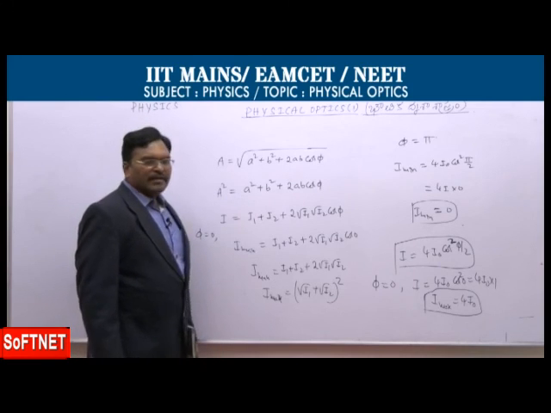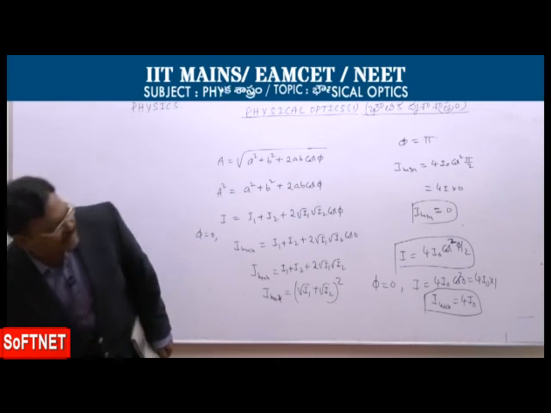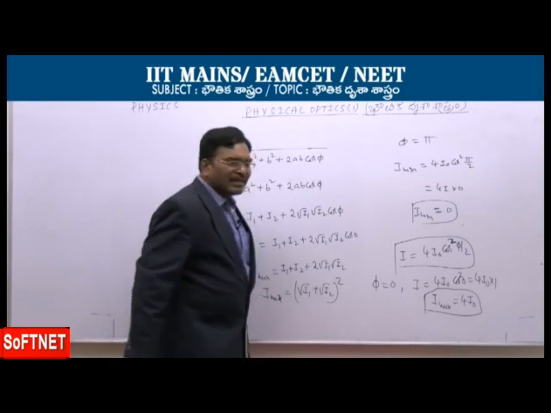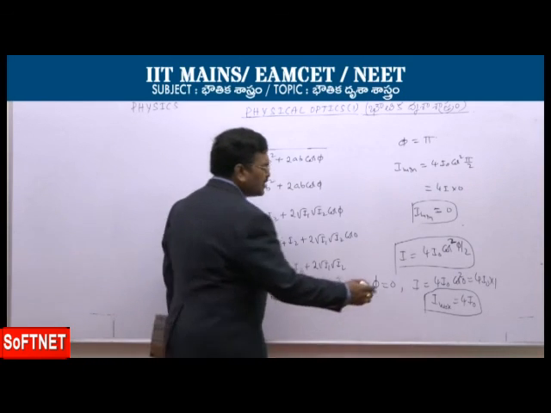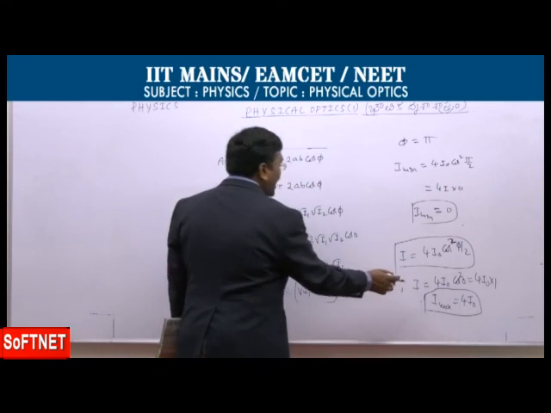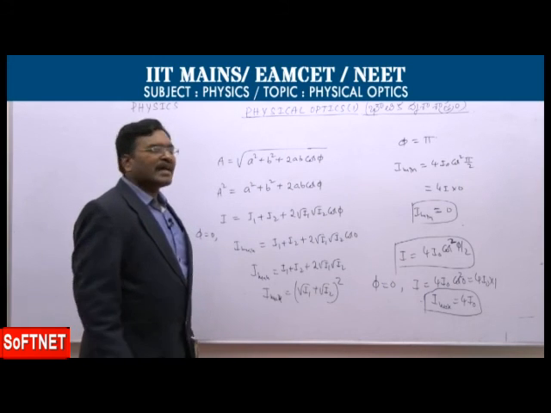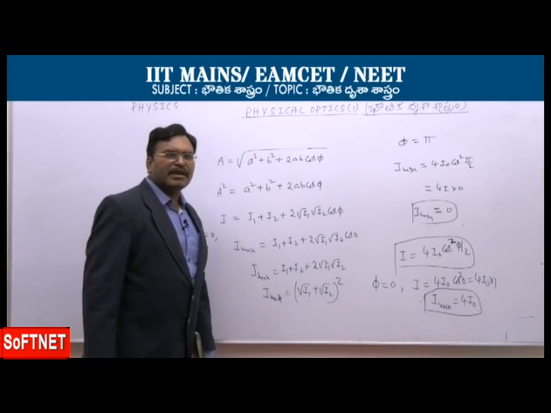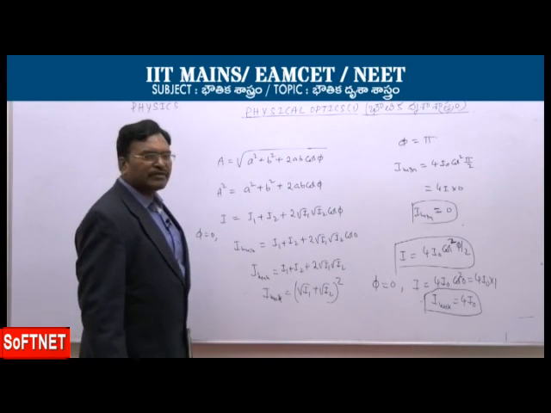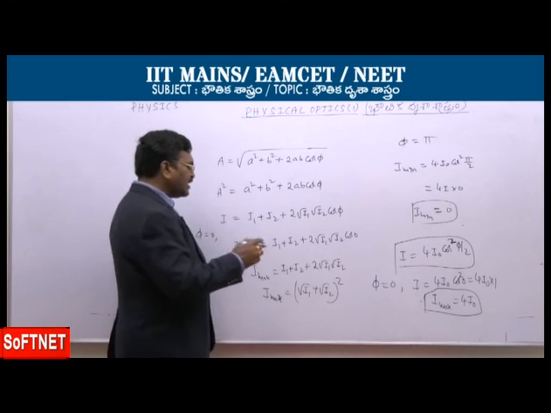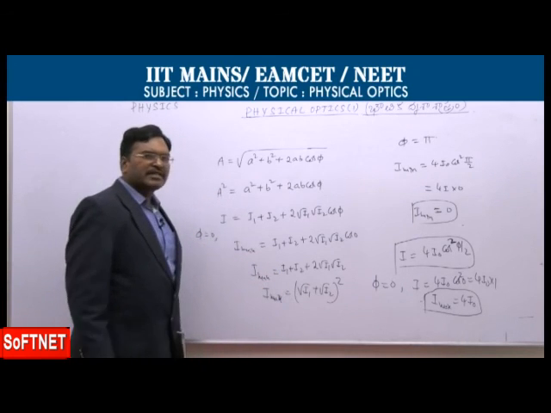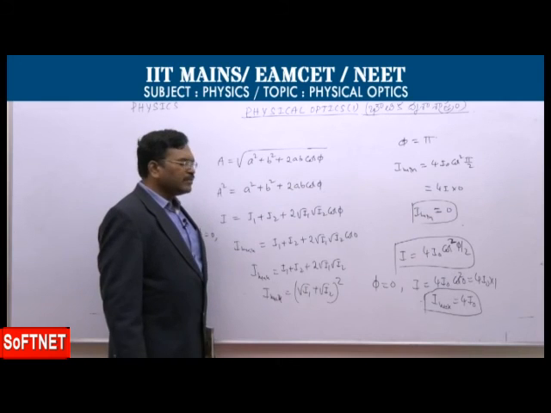In the same way, for the dark band, what is the difference between these two? This is maximum intensity. When two waves have the same amplitude and same intensity, maximum intensity is 4 I0. But when two waves have different intensities, the formula for maximum intensity is root I1 plus root I2 whole square.